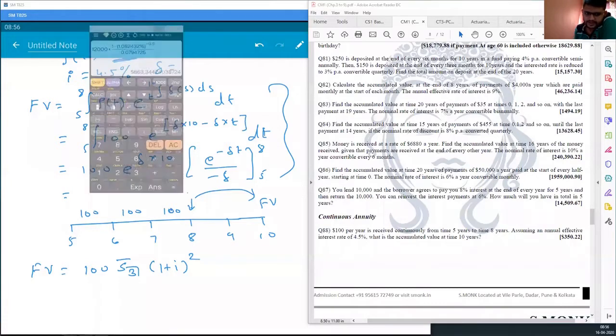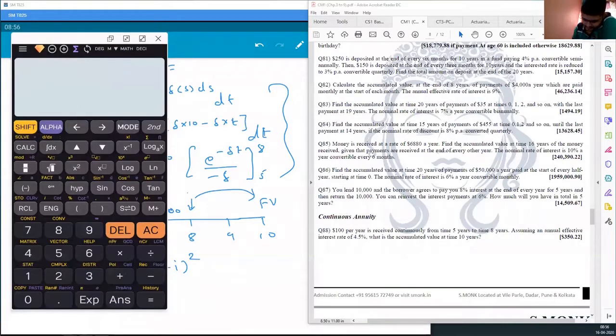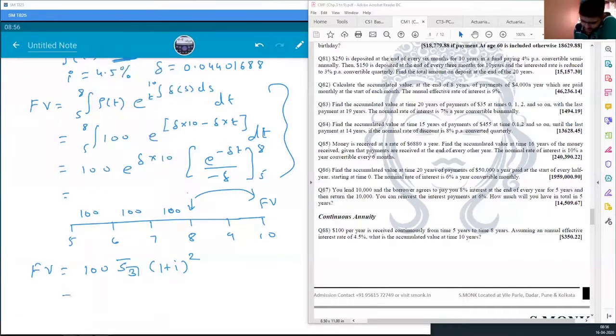So let's calculate our delta. Delta would be nothing but log of 1 plus i. So i was 4.5%, so log of 1.045. This gives our delta. Delta is 0.04401688. So our S bar is nothing but 100 times 1 plus i raised to 3 minus 1, divided by delta, into 1 plus i squared.